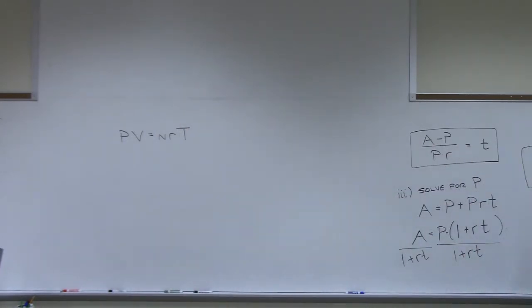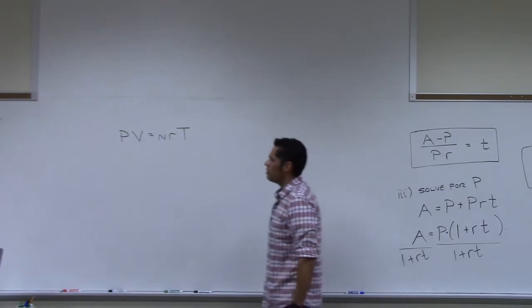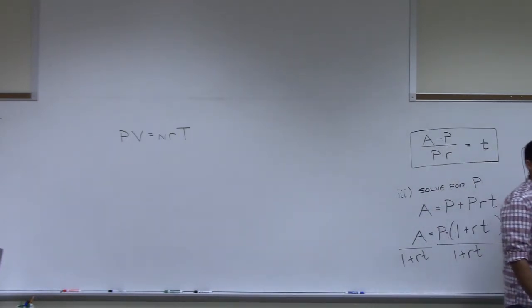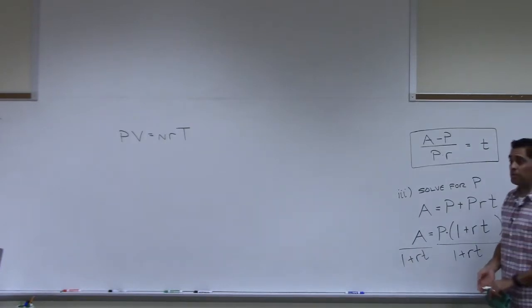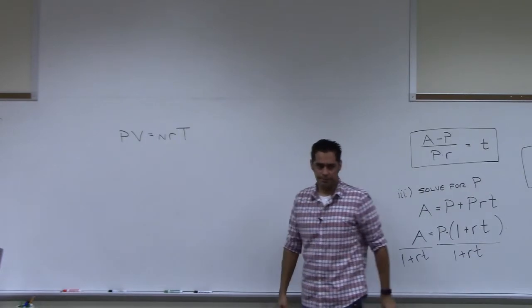That's a chemistry formula. Pressure times volume equals number of moles times Avogadro's number times temperature. Anyway, it's an equation. Now, if someone gives you that, they could ask you solve for P, solve for V, solve for N, solve for R, solve for T, right? Same thing. We just move things around.